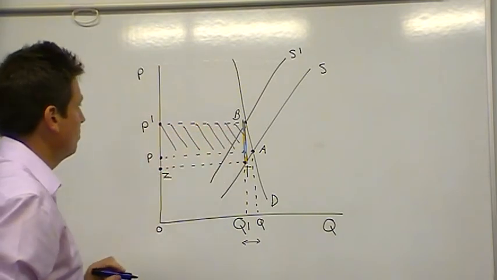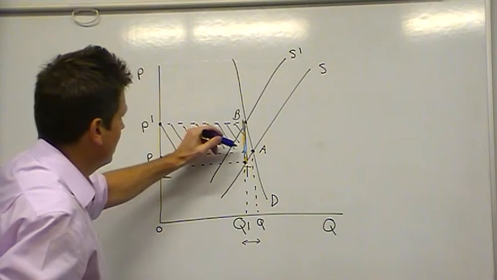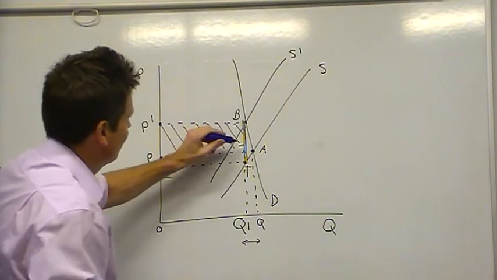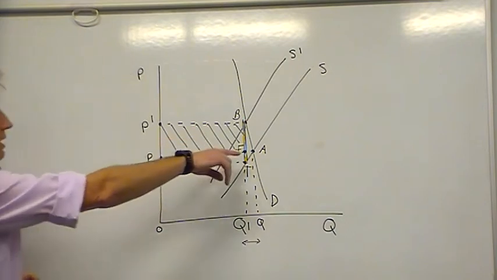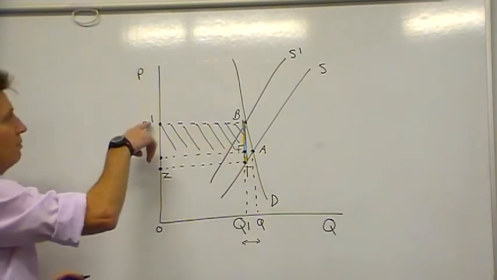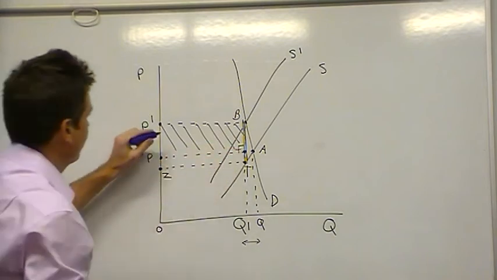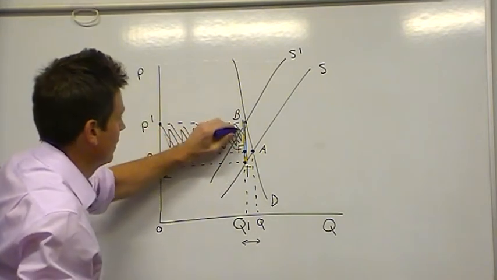If we call this point F, the consumer is paying this area P, P1, B, F.